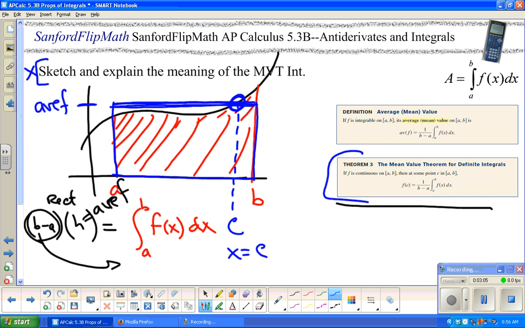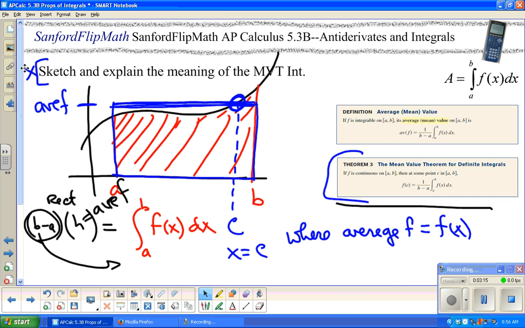That's the x value where the average of f is equal to f of c. So here it is, the average equals f of c. That's all I want to say about that. This is really a recap of the last ideas in the last section.